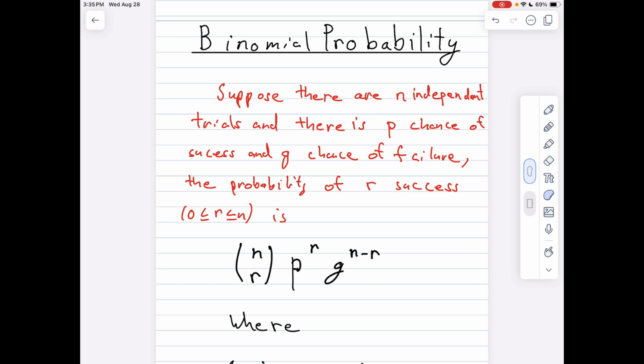Okay, and a couple other things that we're going to look at. There's a p chance of success and a q chance of failure, and those are the only outcomes you can have. This is what we call a Bernoulli trial as well, where there's only two outcomes, success or failure. Success and failure always add up to 1, so p plus q equals 1, and p and q are decimals or fractions.